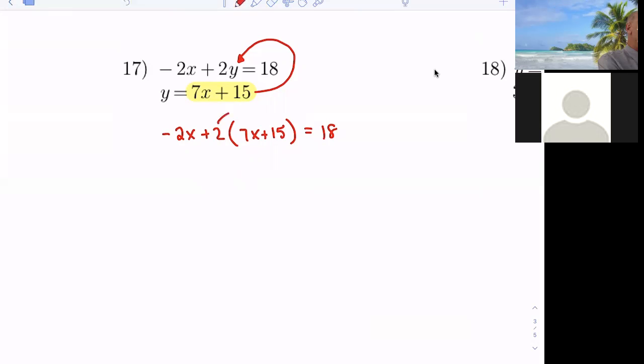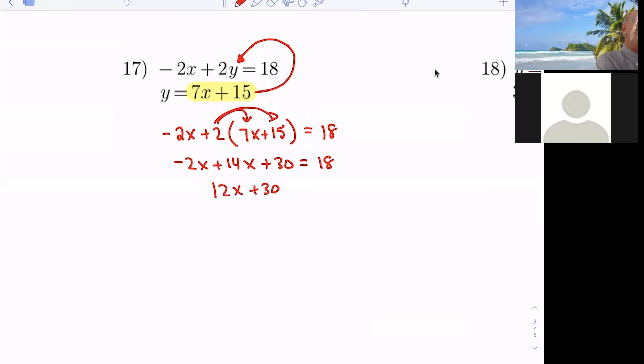Negative 2x plus 14x plus 30 equals 18. Combined, negative 2x plus 14x is 12x, plus 30 equals 18.